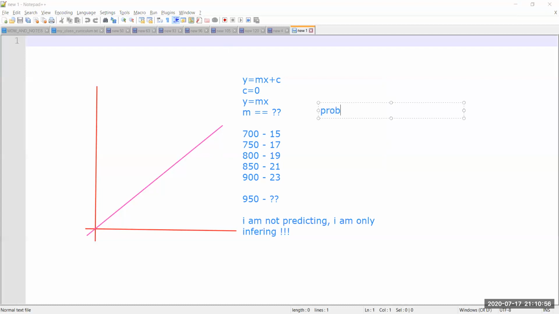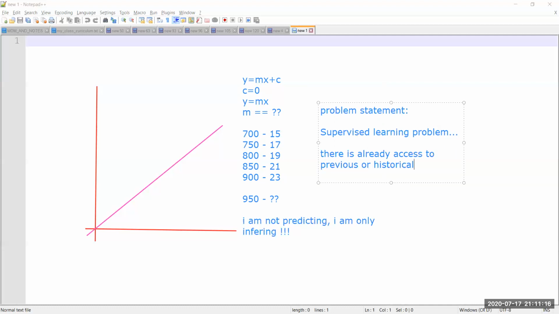This problem statement that we have looked into is also known as a supervised learning problem. Why is this called a supervised learning problem? Because there is already access to previous or historical data containing, this word is very important, so I'll mark this into quotes, containing the actual outcome in those cases.